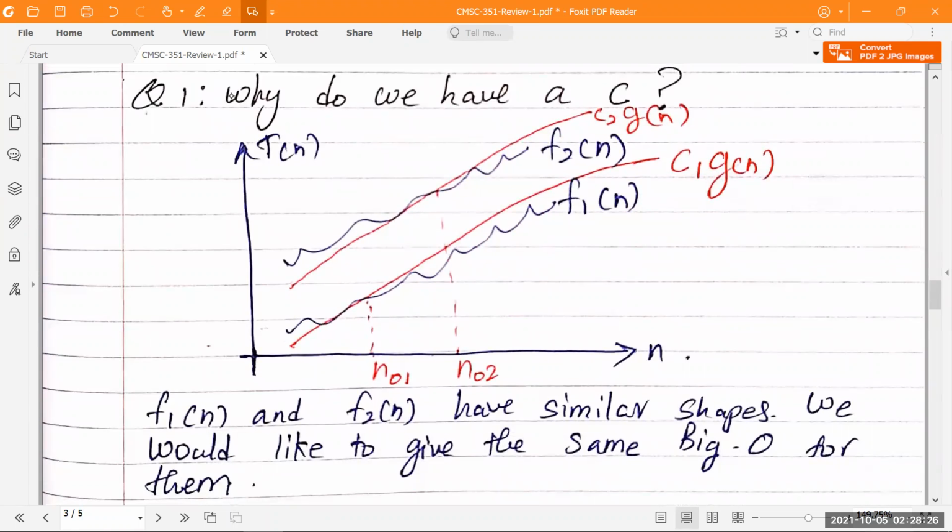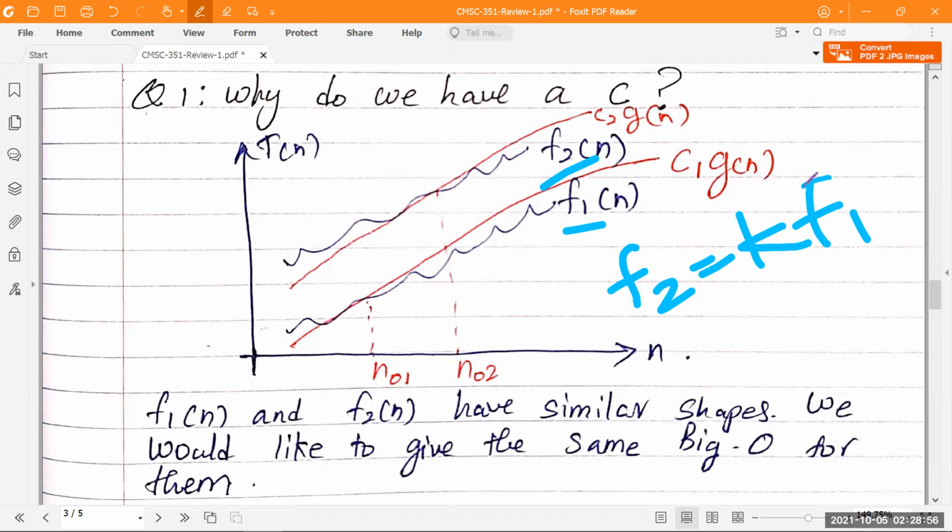For example, think about these two functions, f1 and f2. Both look more or less the same, but they are a constant multiple of each other. For example, f2 can be around 1.5 times f1 or 2 times f1. So we can say f2 equals k times f1. This is an intuitive explanation.